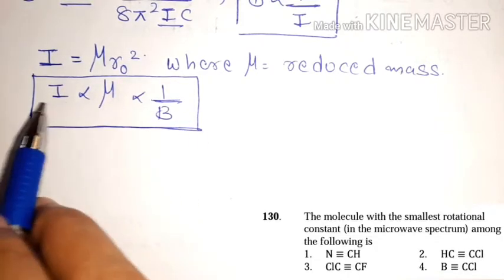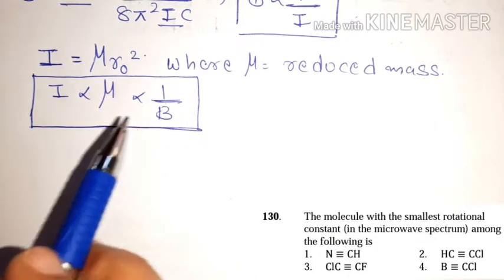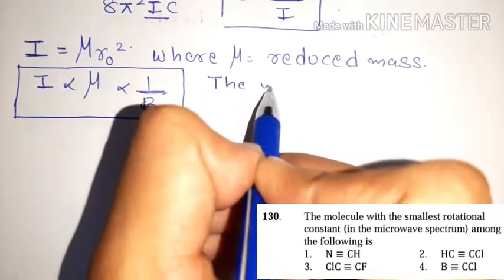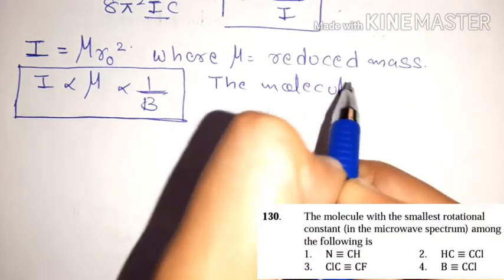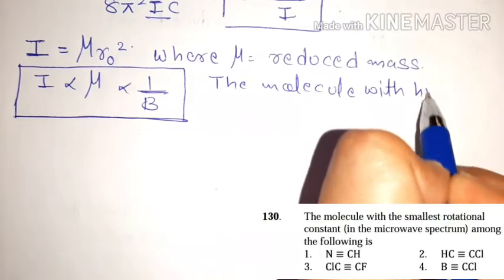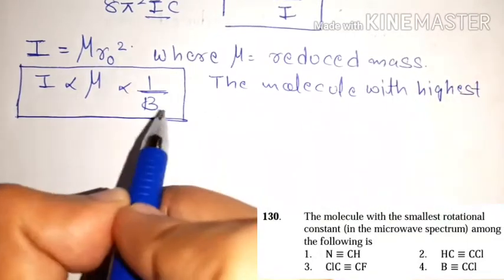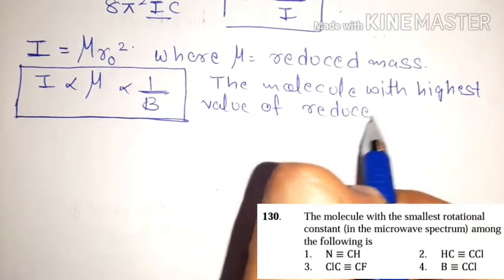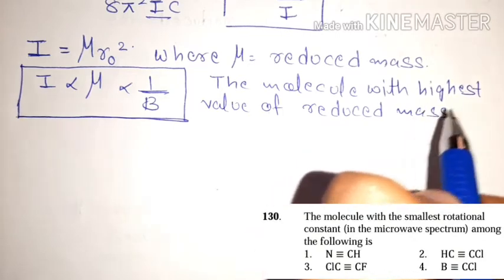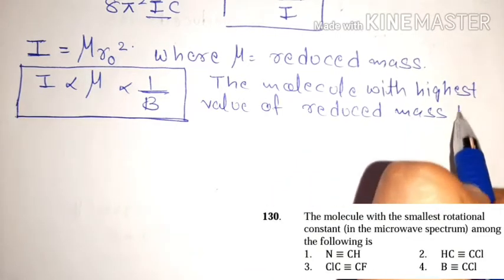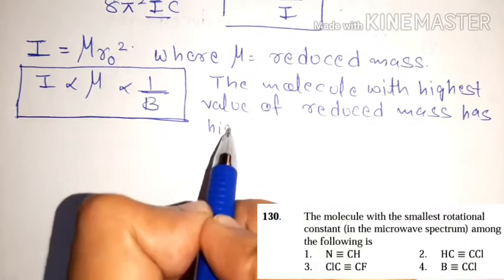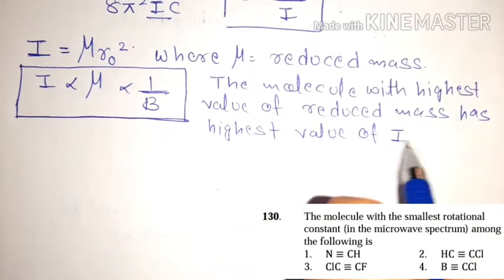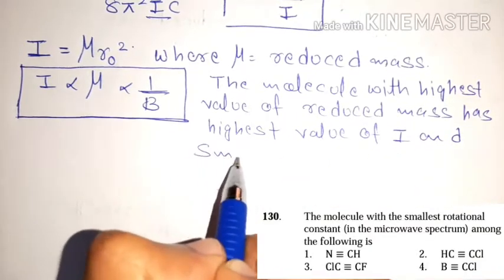So we can write the statement: the molecule with the highest value of reduced mass has the highest value of I and the smallest value of B.